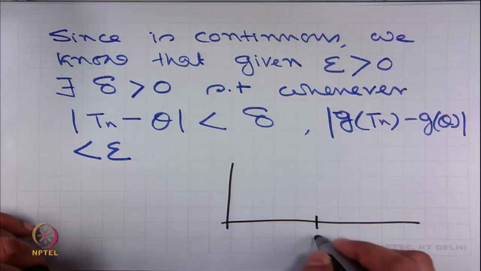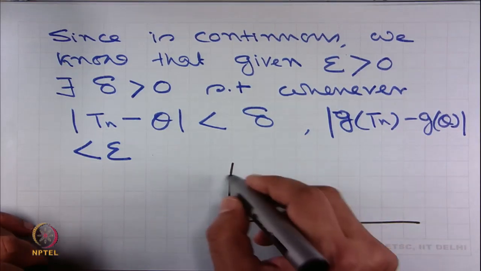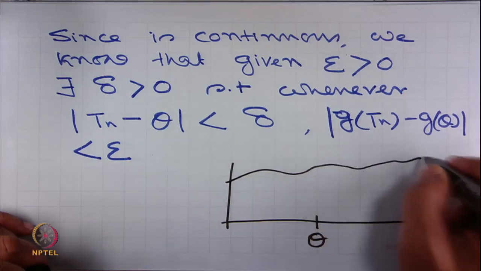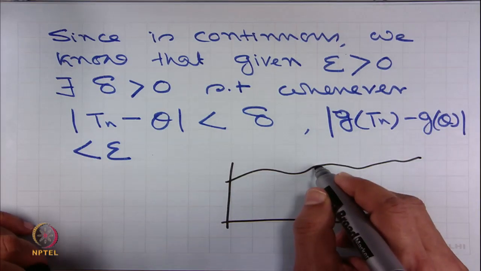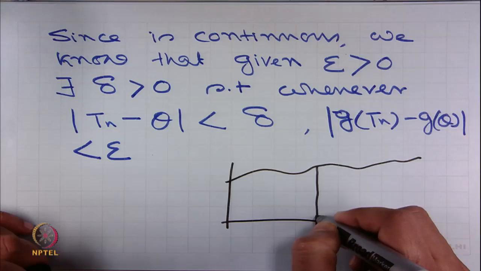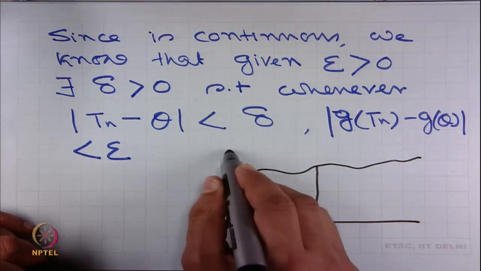Suppose this is theta and g is a continuous function and this is g theta.